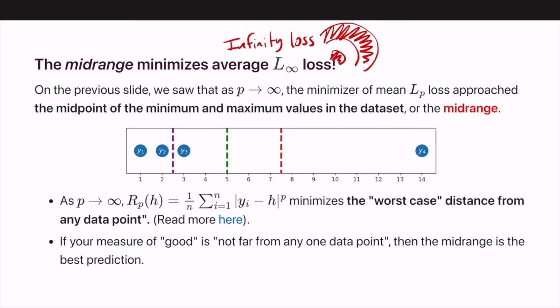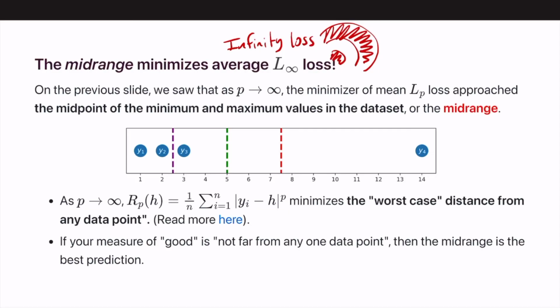But the idea here is the mid-range as a minimizer only cares about the extremes in your data set. It really doesn't care about any other data.